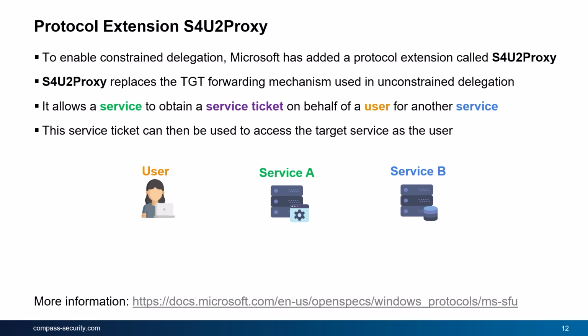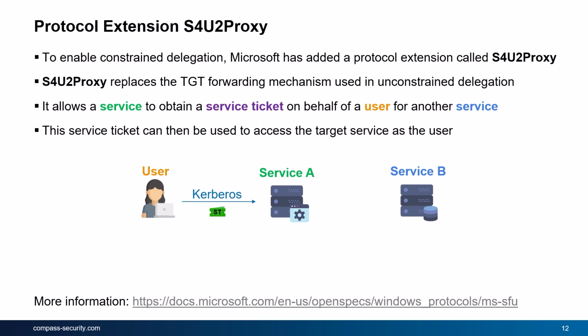In a simple overview, it might look like this. So we have a user, we have a front-end service A and a back-end service B. And service A would like to delegate the user to service B. So what happens first is that since we are in Kerberos only mode, the user will authenticate using Kerberos to service A and presents their service ticket.